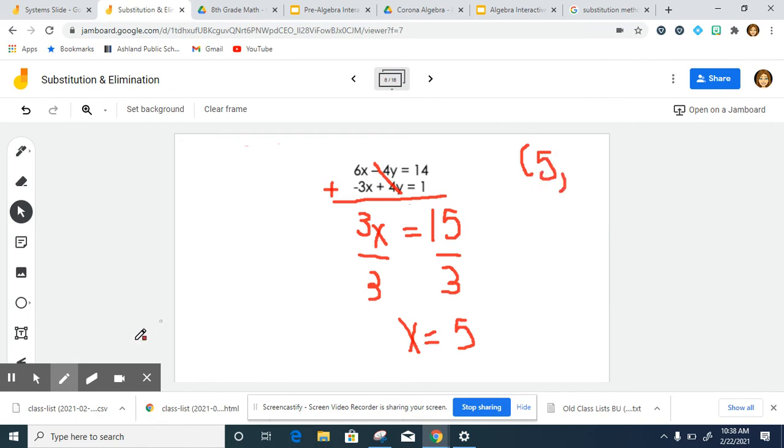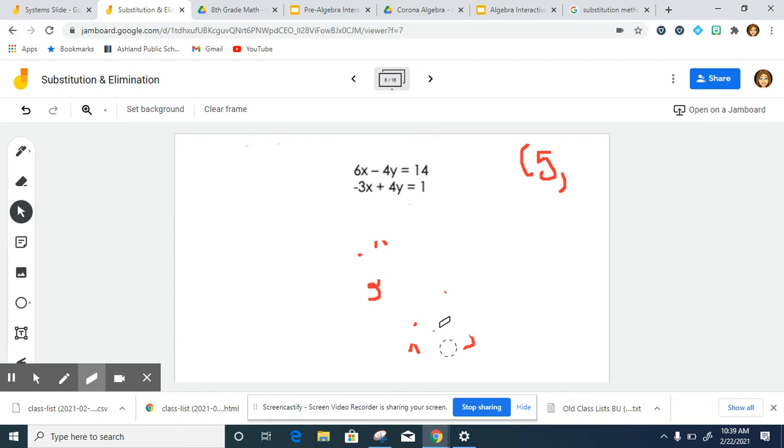To figure out the y number, we go back to one of our original equations, and we're going to put 5 in as what x equals. So in that top equation, if we put 5 in for x, we would have 6 times 5, because it says to do 6 times x, minus 4y equals 14.